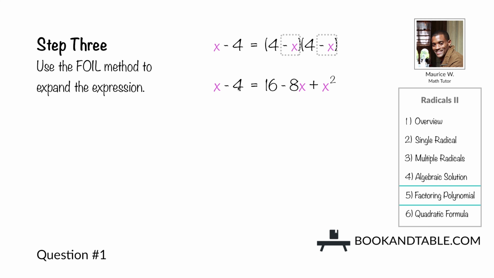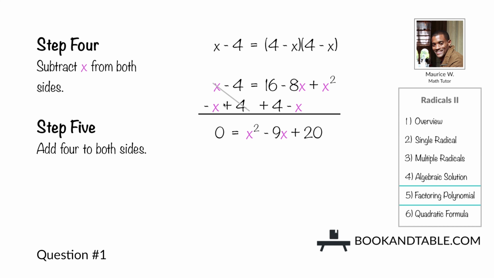We want to move these terms to the same side of the equation, so we get 0 on one side. So step 4, subtract x from both sides. Negative 8x minus x is negative 9x. We have positive x squared. And then step 5, add 4 to both sides.